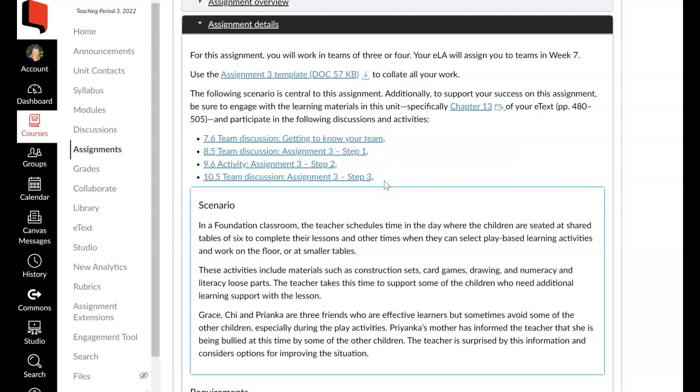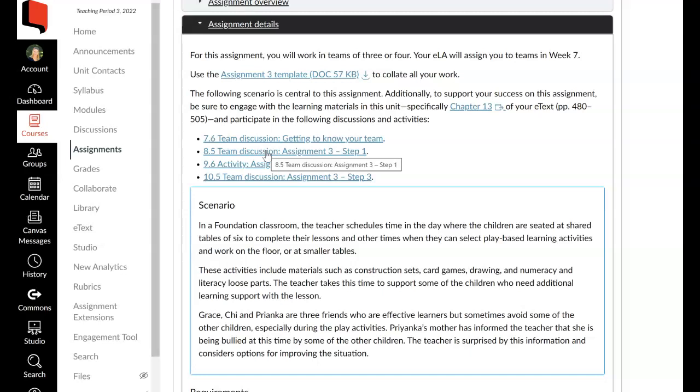Along with your ELA, you'll also be discussing these topics, and the first part of the assignment we're going to discuss with your fellow students and your ELA in week 8, but your work on the assignment won't start till week 9. So great, you've got a week up your sleeve, you can start thinking about the ideas. It's a bit of a warm-up before you actually join your own teammates.